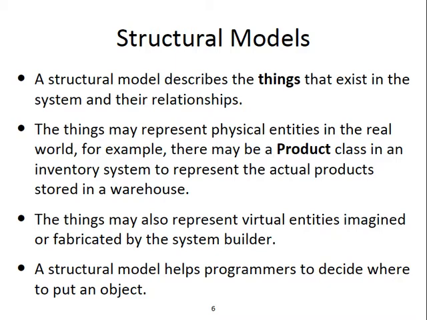So what kind of objects can we have? It's really up to us to decide. They can be physical objects, or they can be virtual objects that we come up with. So what are physical objects?